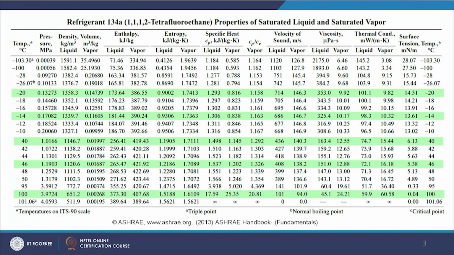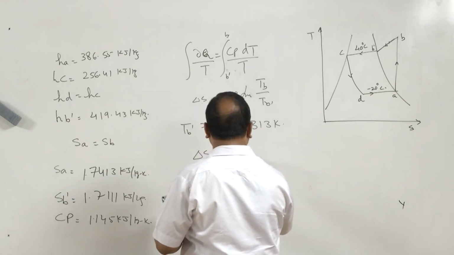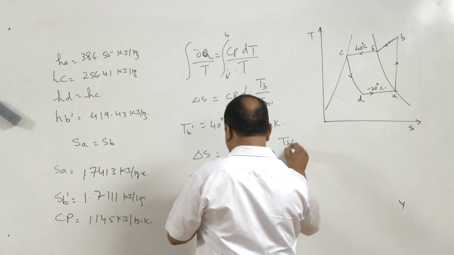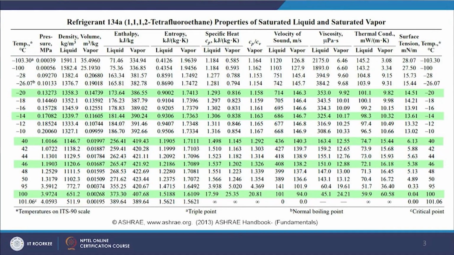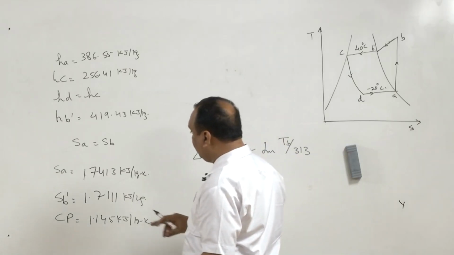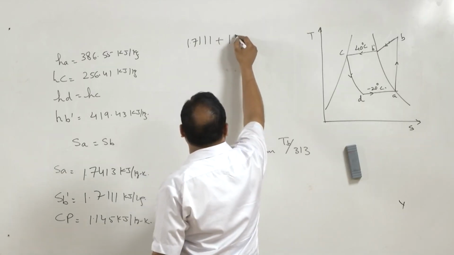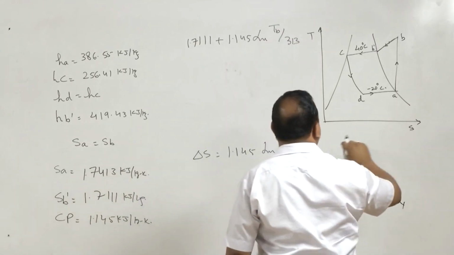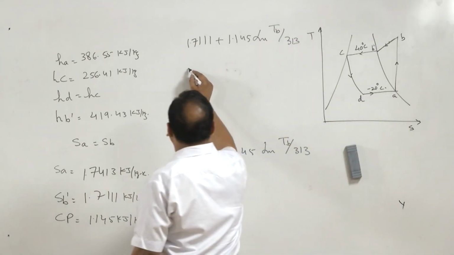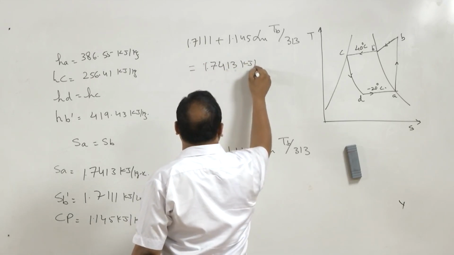Change in entropy delta S is going to be equal to 1.145 natural log Tb by 313, and if we add this delta S to entropy at B dash, that is 1.7111 plus 1.145 natural log TB by 313, we will be getting entropy at A. Entropy at A is equal to 1.7413 kilojoules per kg Kelvin.